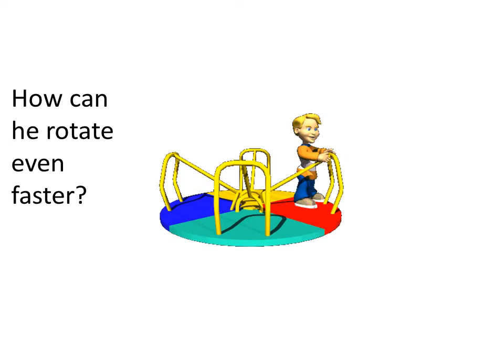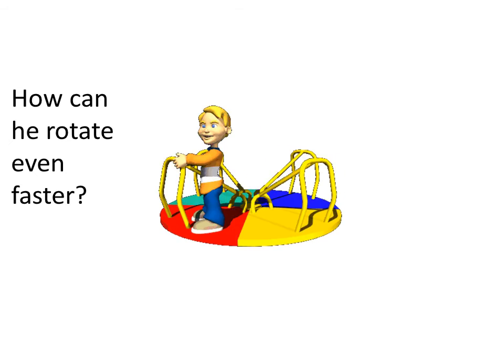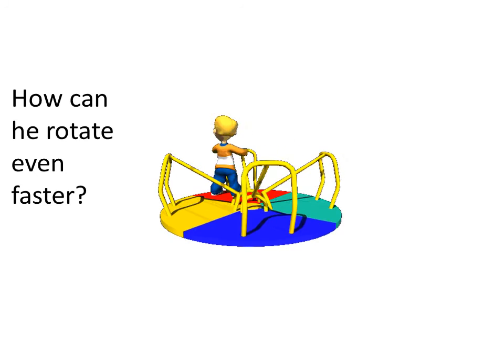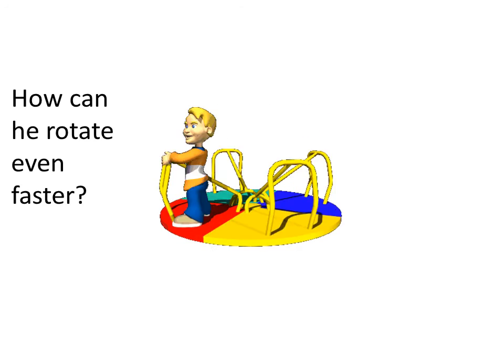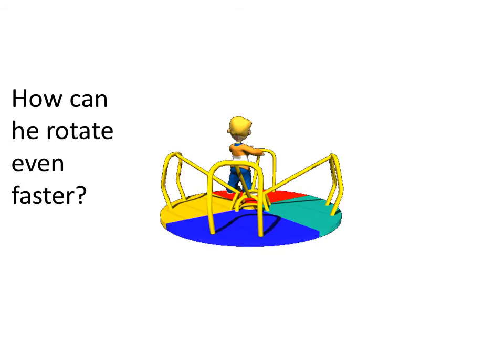Usually, he can put his foot on the ground and push backward, so he would move forward on the merry-go-round and go faster. This is an application of Newton's third law of motion.